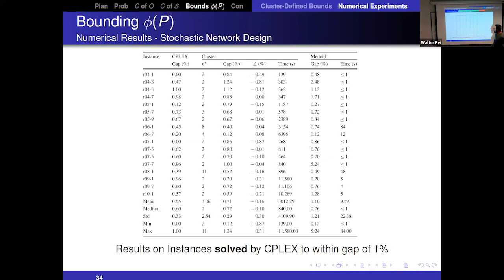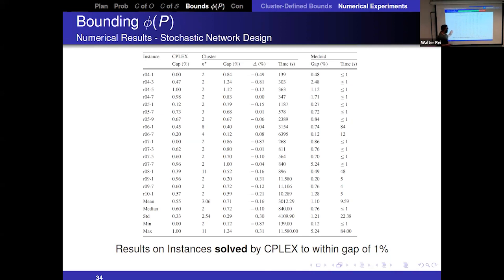So these are the cases where CPLEX was able to solve. What was interesting to see here was that the Medoid was doing a fairly good job. It was finding close to optimal solutions on almost all cases. And here you have the optimal number of clusters, based on the silhouette score.